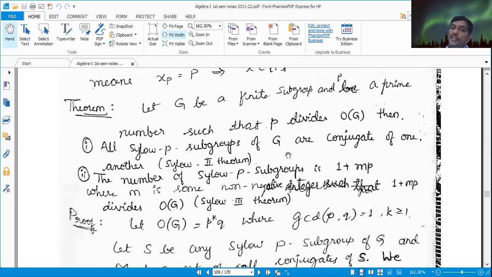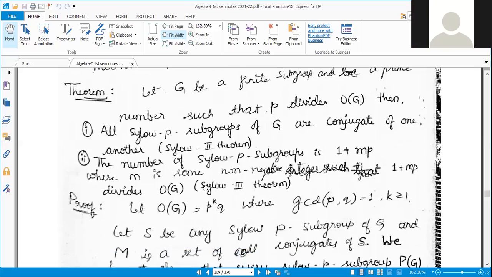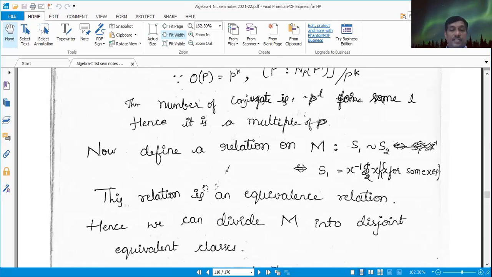The third theorem says that the number of Sylow p-subgroups is 1 plus mp, where m is some non-negative integer such that 1 plus mp divides the order of G. That is known as the Sylow third theorem. These three theorems we discussed in the previous classes.